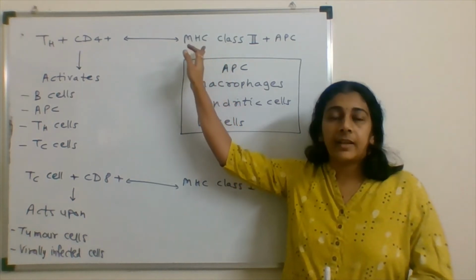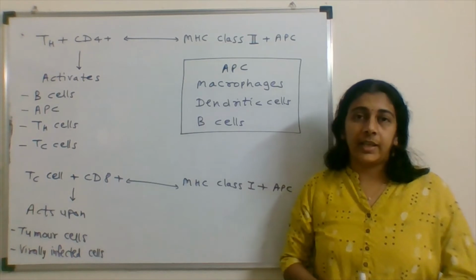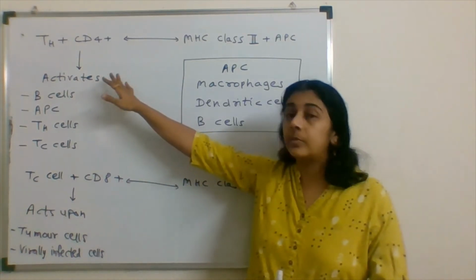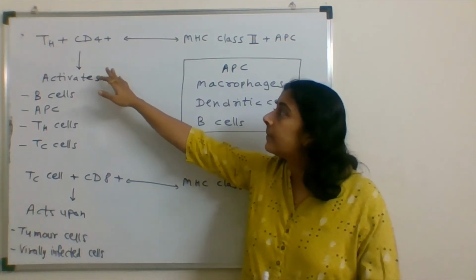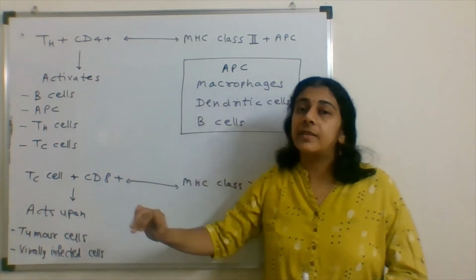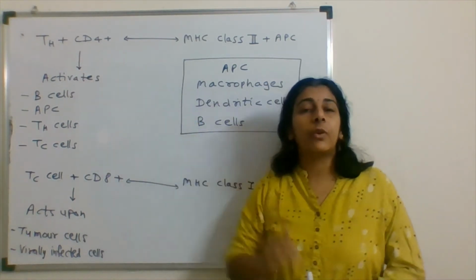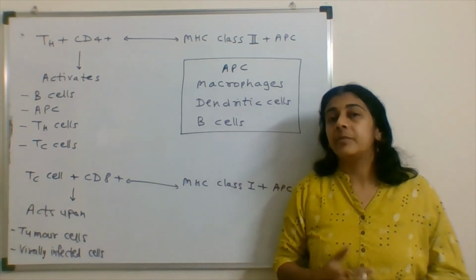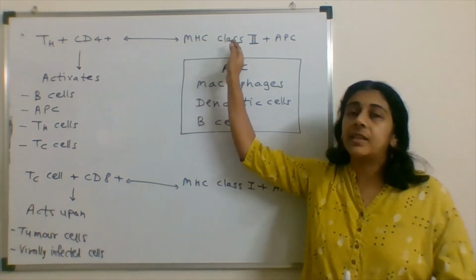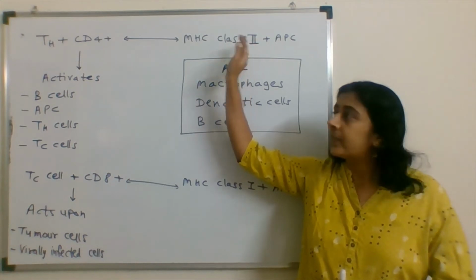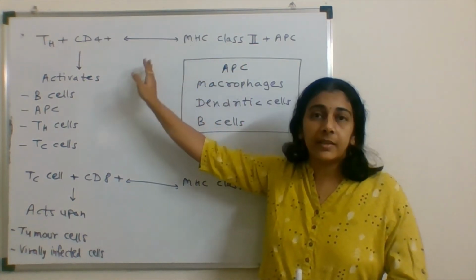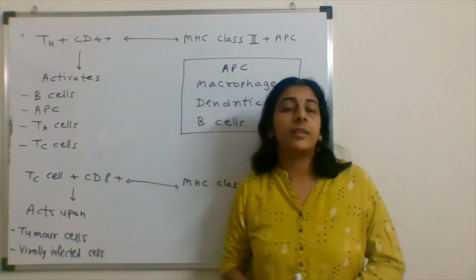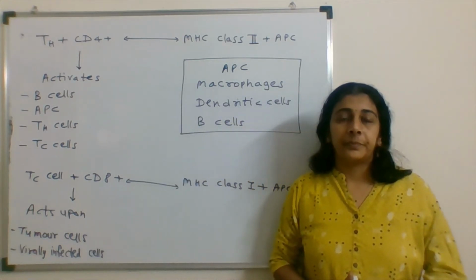Now, once this antigen is presented to the T helper cell, try to understand this. Which cells are T helper cells? Which are having CD4 molecules on them and which recognize the antigen presented by MHC class 2. So once this is presented, it is recognized by the T helper cells.